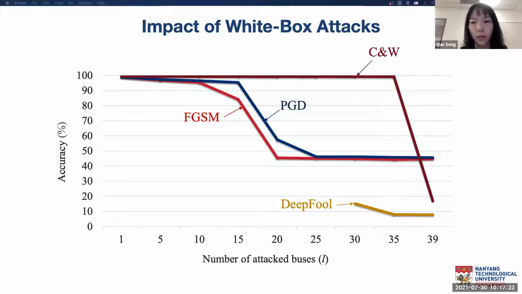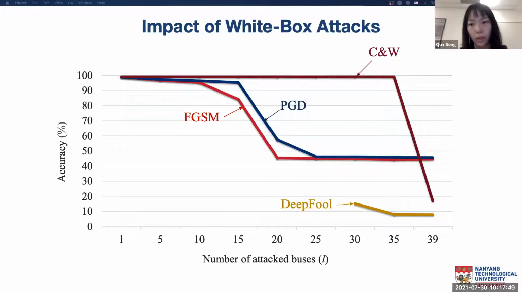When L increases from 1 to 15, all attacks are not very effective. And when L is 20, which means around 50% of the bus voltage measurements are attacked, the accuracy under the FGSM and PGD attacks has significant drops. When L is large enough, DeepFool and C&W attacks are both very effective.